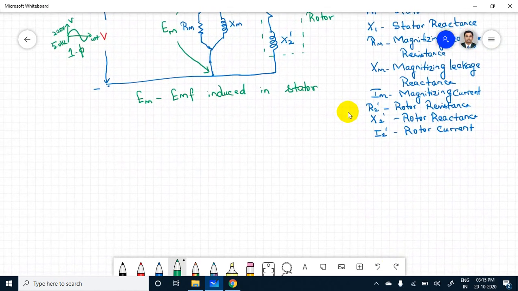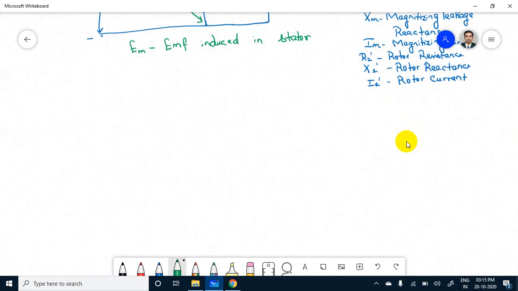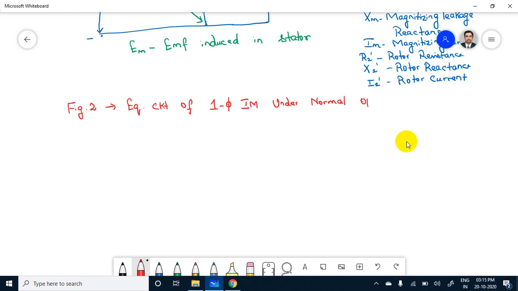Now, figure 2. Figure 2 shows equivalent circuit of single phase induction motor under normal operating conditions.